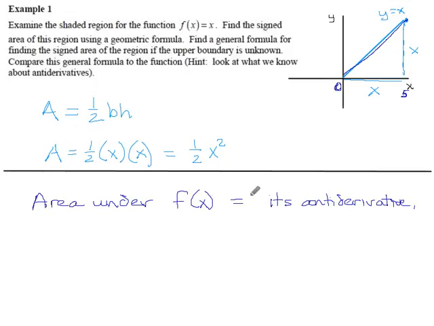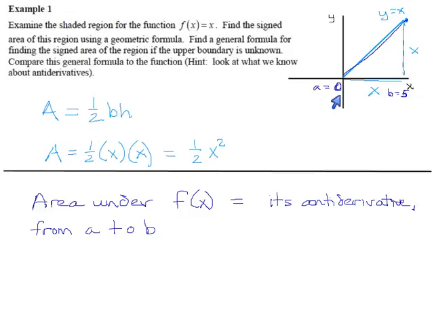The area under a function equals its antiderivative, and more specifically, the area under a function from a to b, where a is the left edge of the area you want to find, and b is the right edge of the function you want to find.